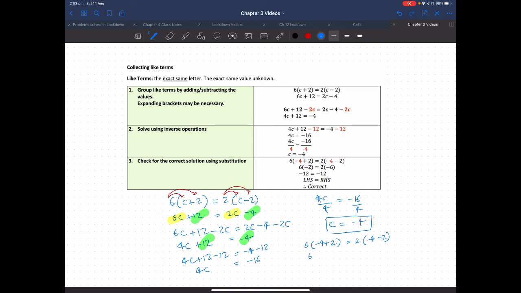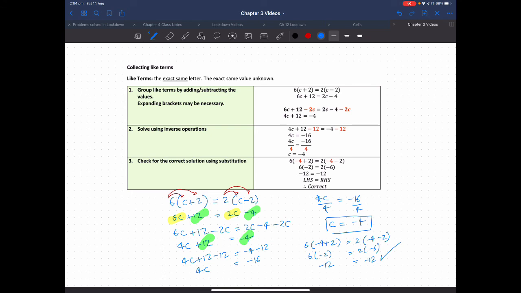I've got 6 times minus 4 plus 2 is negative 2. 2 times minus 4 minus 2 is minus 6. 6 times negative 2 is negative 12. 2 times negative 6 is negative 12. They are the same number, so what I have done is correct.